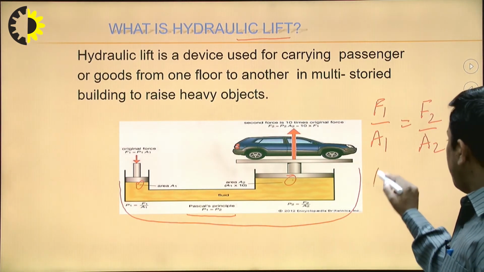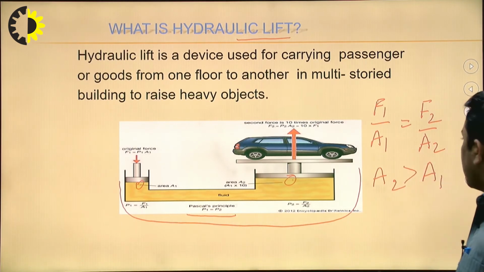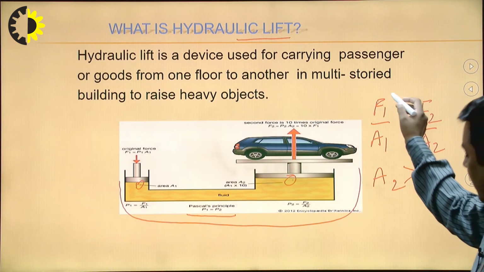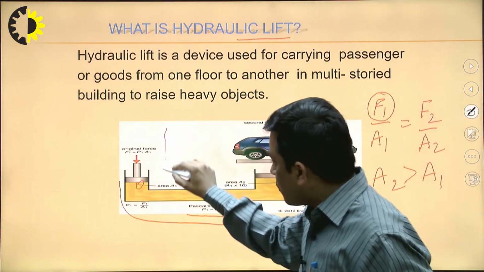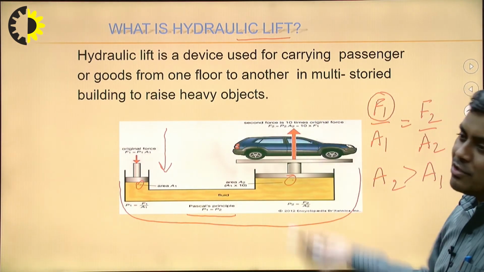As we are observing, A2 is greater than A1. So when A2 is greater, then by a small amount of force, we can lift a heavy vehicle. This is the advantage of Pascal's law.